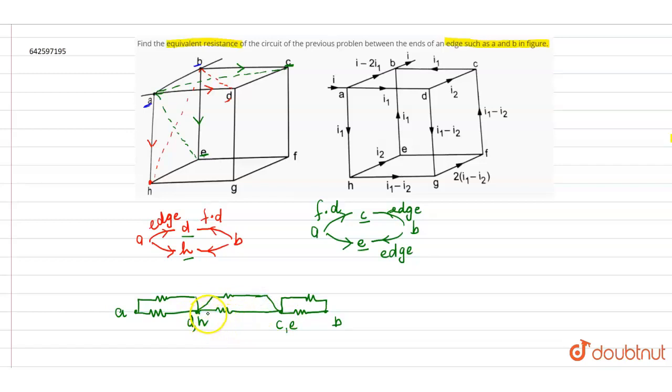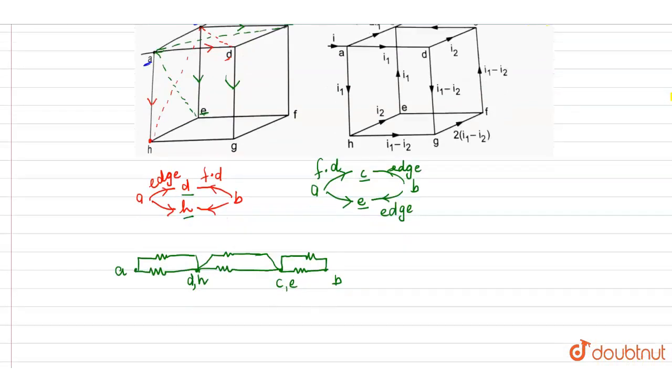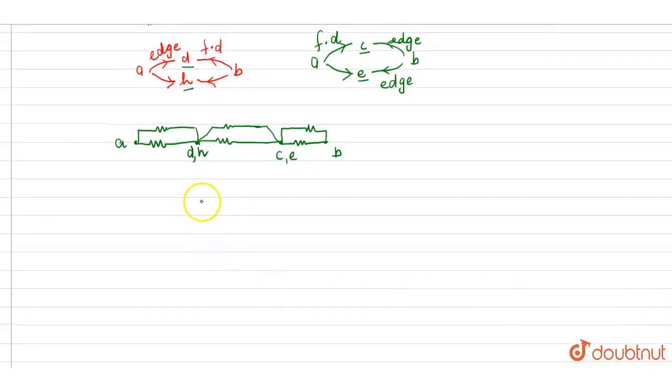Now from D and H, if we go, there is one resistance to G. Let us take point G here. Between D to G one resistance is there, and between H to G one more resistance.